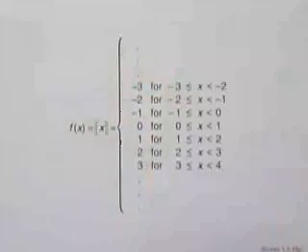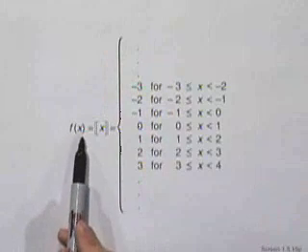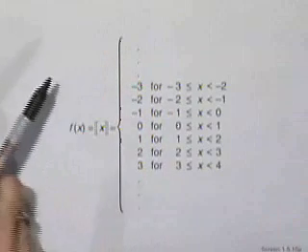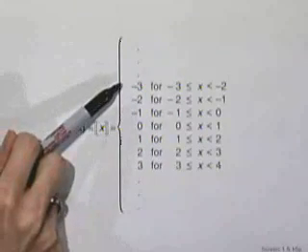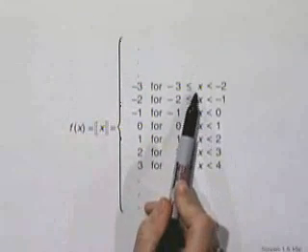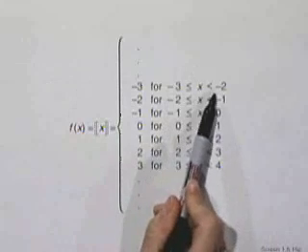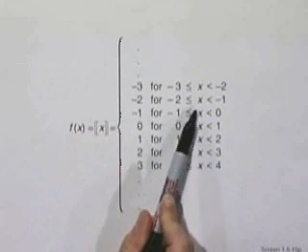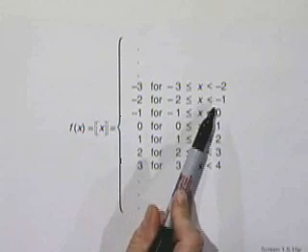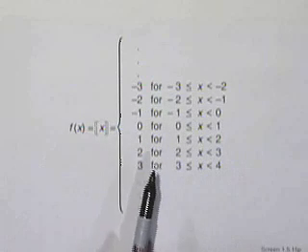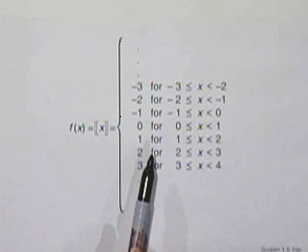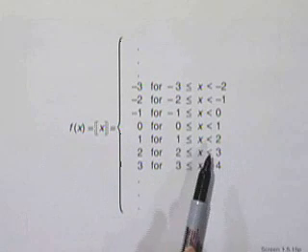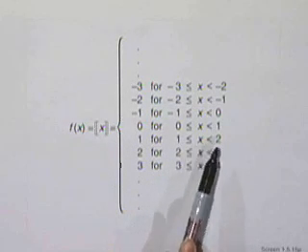In a more formal way, we can define the greatest integer function as a piecewise function in this way. F of x equals the greatest integer function, which equals -3 for any value of x that is greater than or equal to -3 and less than -2. -2 for any value of x that's greater than or equal to -2 and less than -1, etc. The value of the function is 1 for any value of x that's greater than or equal to 1 but less than 2.